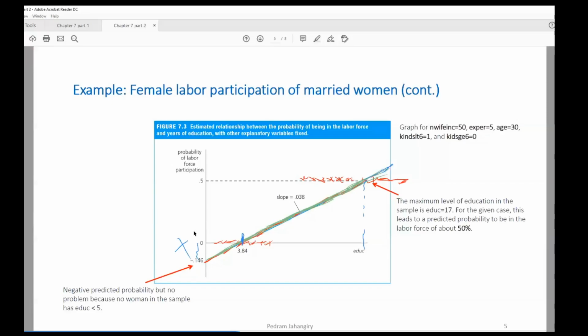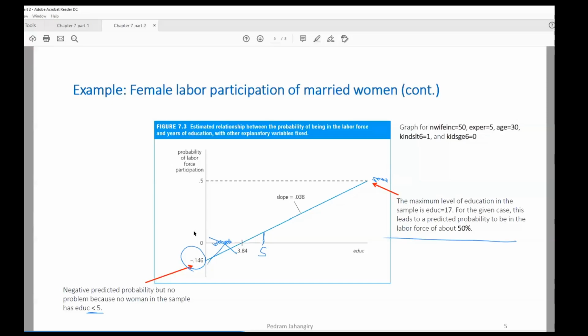Now, should I be worried about that? We can do a couple of things. We can see how many observations I have here, how many observations I have there. So let's do that. Negative predicted probability, but no problem because no women in this sample has education less than 5. So our data starts from here, 5. So I'm not worried about these negative numbers. Good, right? What about this one?